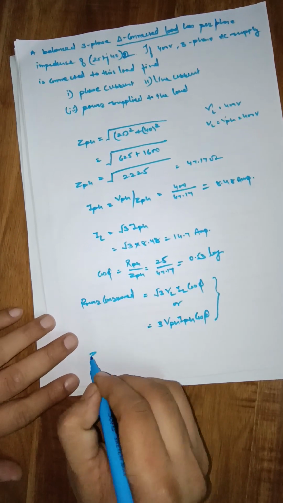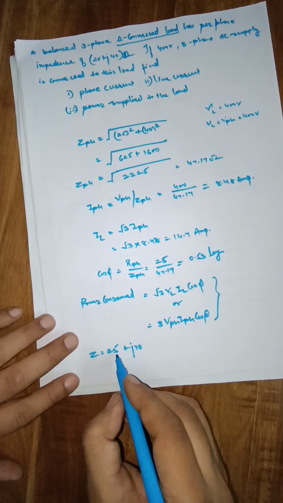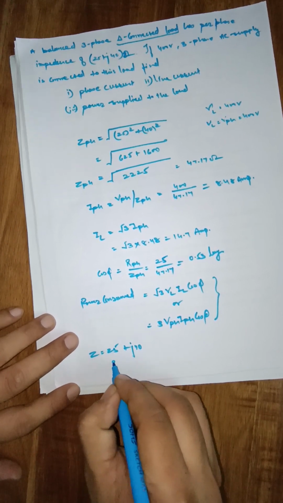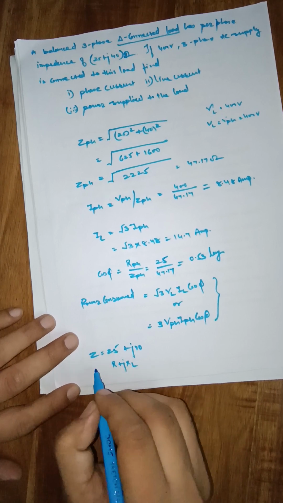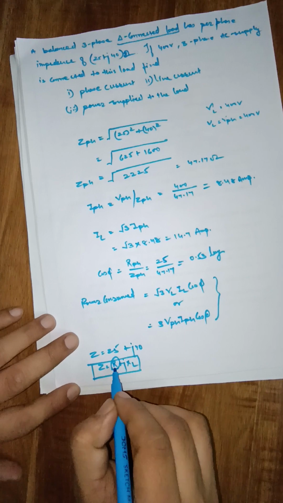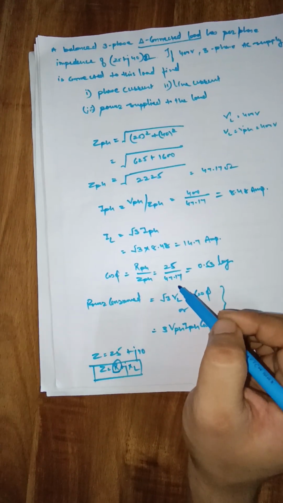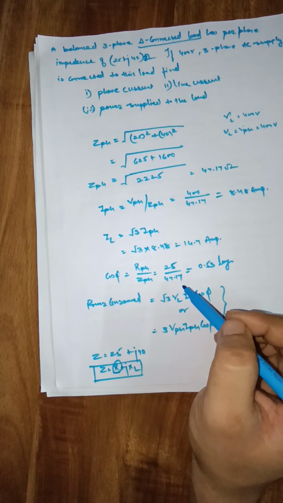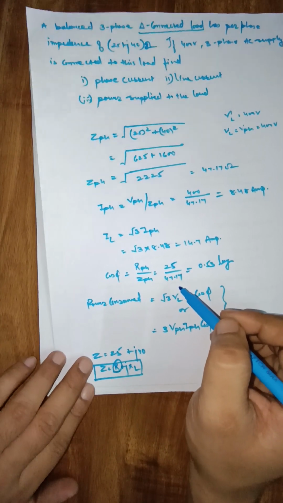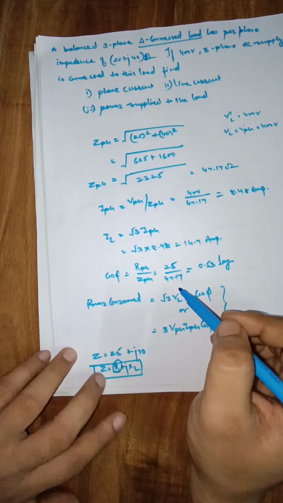Here Z is given like 25 plus J 40. So basically it will be R plus J XL. Clear? So from here we can obtain the value of R. So don't get confused about where R will be obtained. Here it is already given that Z equal to 25 plus J 40, so it will be equal to R plus JXL.